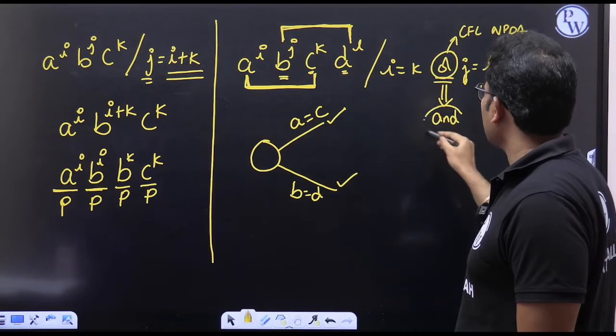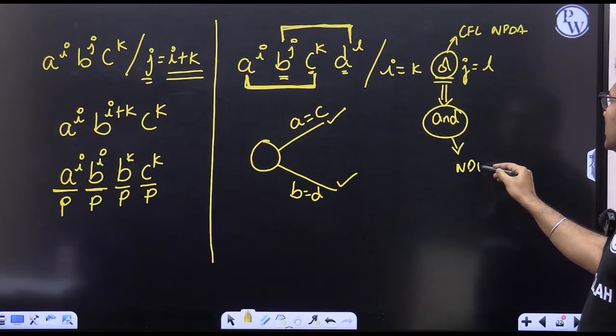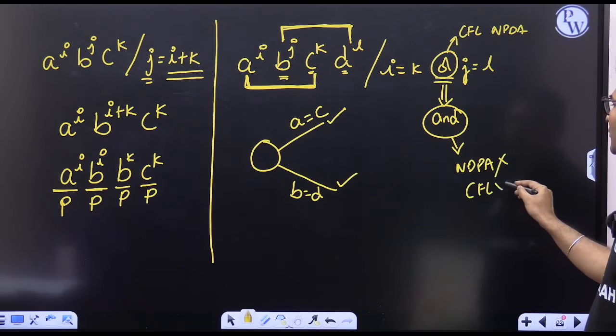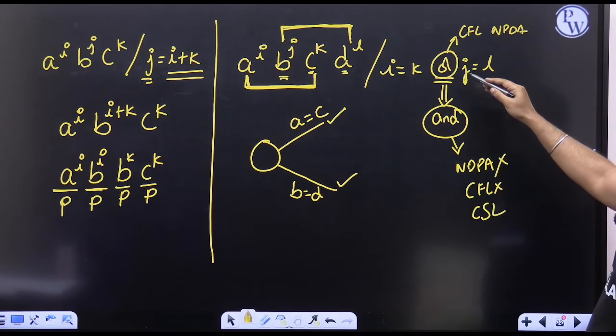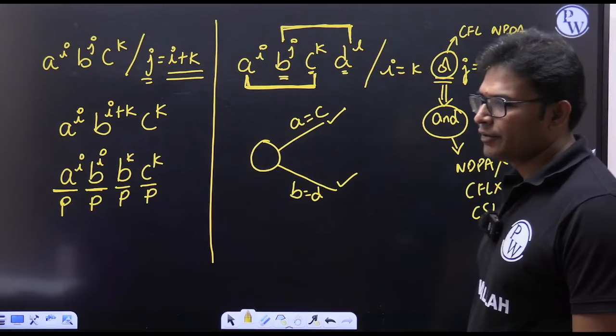If it is AND, an NPDA cannot do this. So this is not a context free language. This is a context sensitive language. OR means it is context free, AND means it is not context free. Try to remember that.